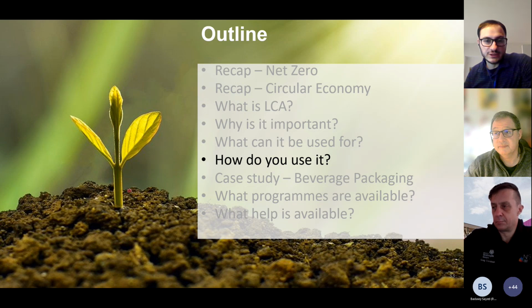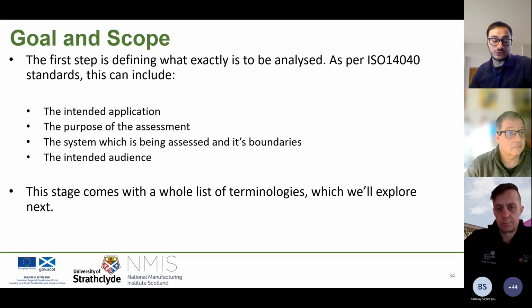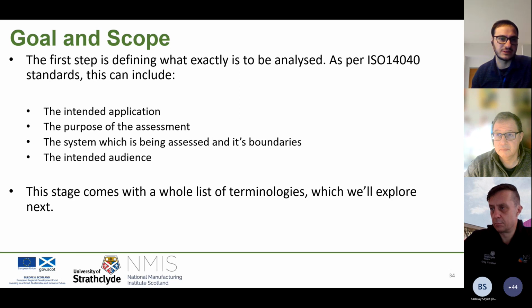Thank you, David. So we saw the big picture, and now we want to quantify the environmental impact of our product. So how do we do it? Well, the first thing to identify is the goal and scope. It's the first step, defining what exactly is to be analyzed. There is a section of the ISO standard 14040, which includes 4 key stages: the intended application, the purpose of the assessment, the system which is assessed, and the intended audience.